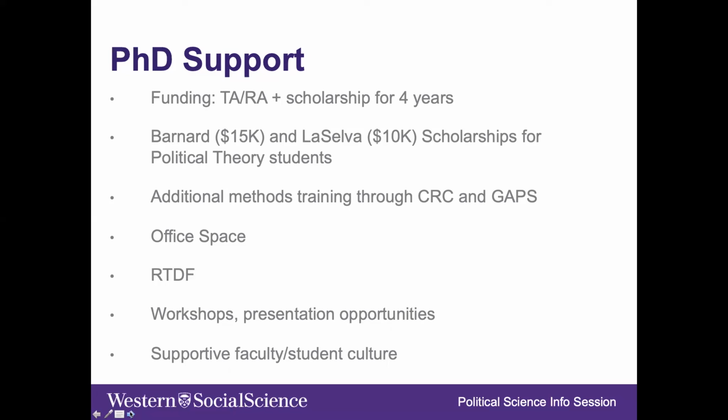But if that doesn't happen, then you will be a TA, as we talked about. You'll get TA money, and you'll get a scholarship on top of that each year for 4 years, okay? And that basic package is somewhere around $25,000, $26,000 is what a PhD student can typically expect to get.